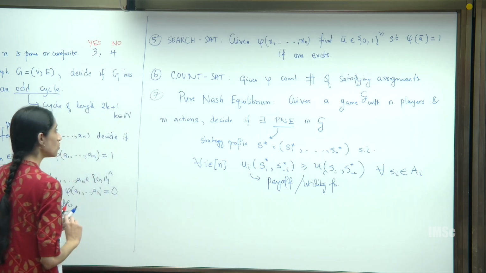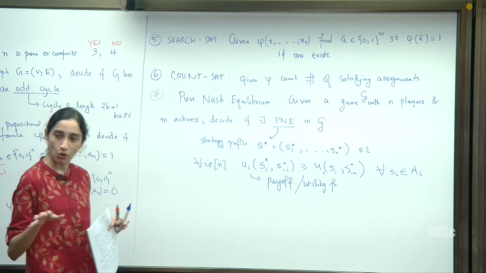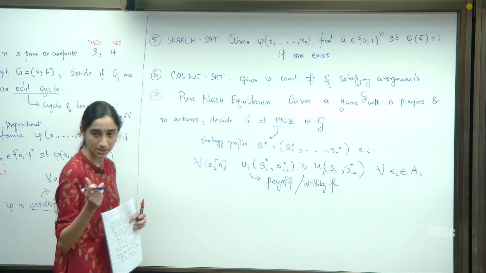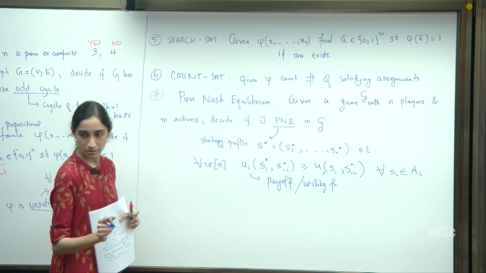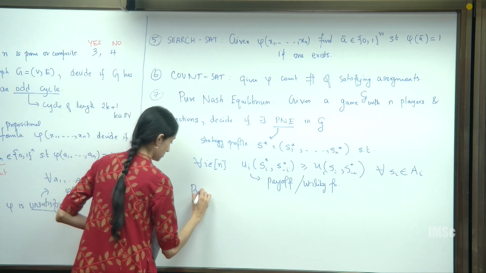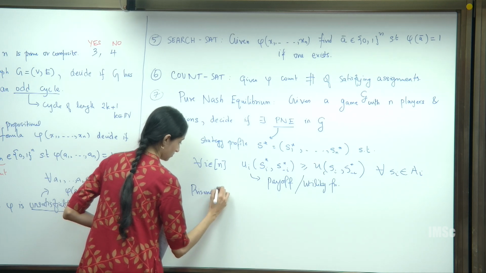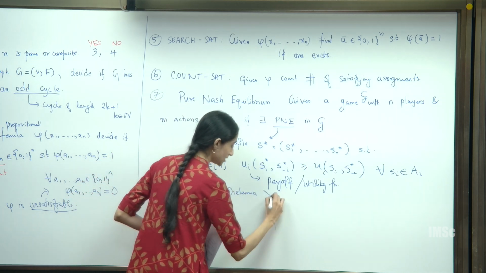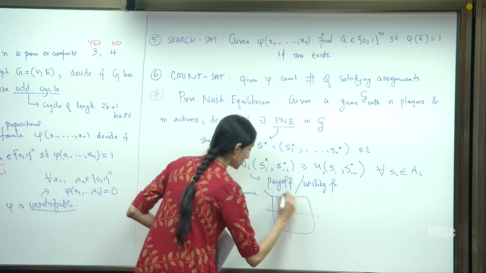Okay, so does a pure Nash equilibrium always exist? Can you give me an example of a game where it exists? I'm not drawing the table, but if you recall, the table was something like this.